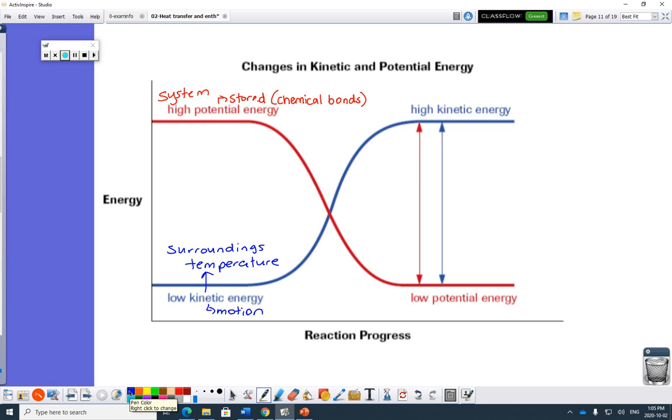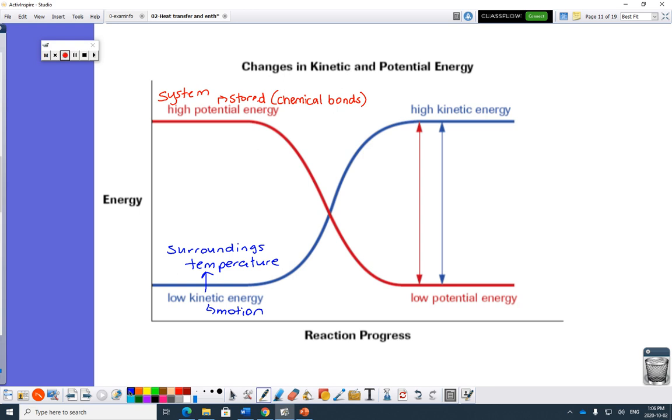Whatever is occurring, whether it's melting, dissolving, freezing, vaporization, neutralization, single displacement, it doesn't matter. Whatever's happening with the system starts to happen, and then it's releasing the energy, and it ends up with low energy because it's given it all away.